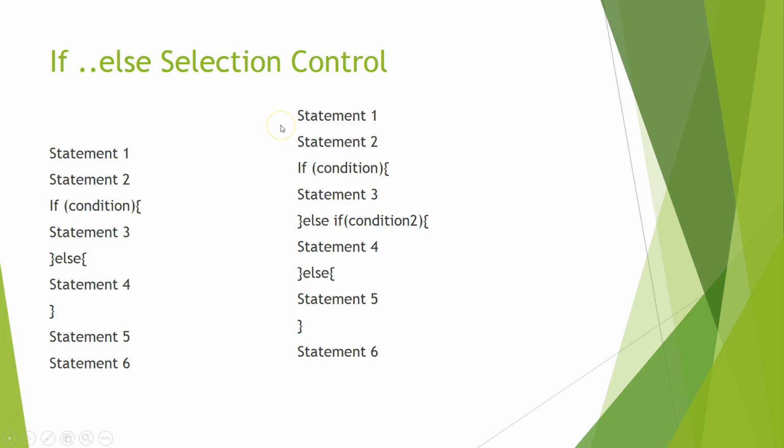But let's assume that we run this program. Statement 1 will be executed, statement 2 will be executed, and then the program stops at this line asking about a specific condition. If this condition is met, statement 3 will be executed, and statement 4 and statement 5 will not be executed.